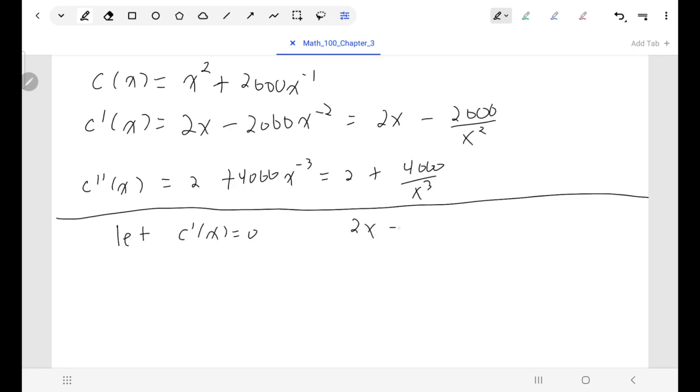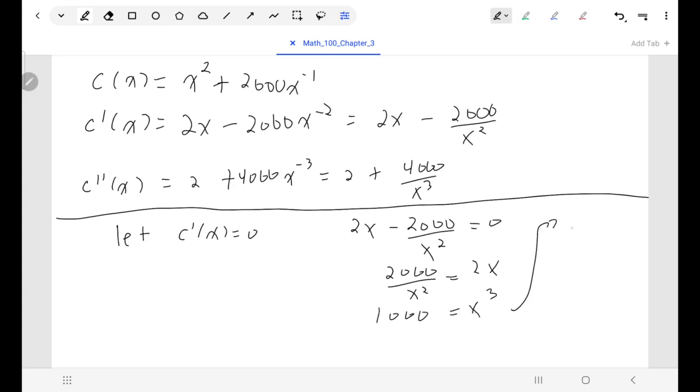So 2x minus 2000 over x squared is equal to 0. We wind up with x cubed equals 1000. And of course, that gives you that x is equal to 10. So I do have one critical number, that's 10.